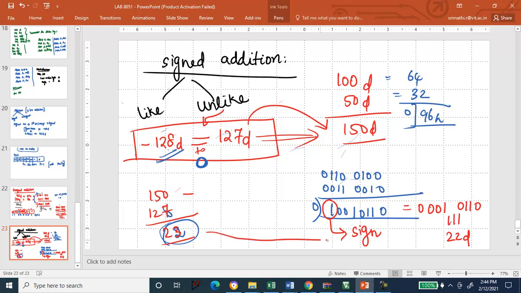That is what we are getting. We are ahead of this range. The magnitude is seen to be plus 22 decimal, and this will be the correct answer.